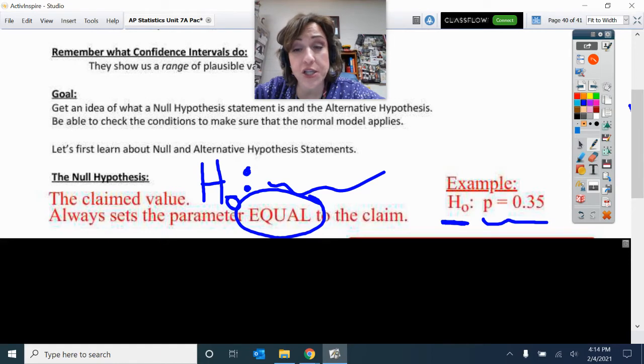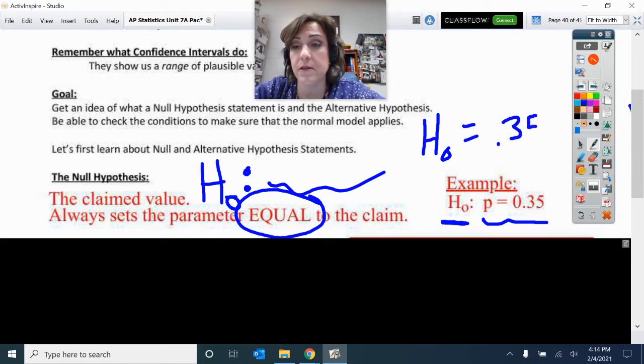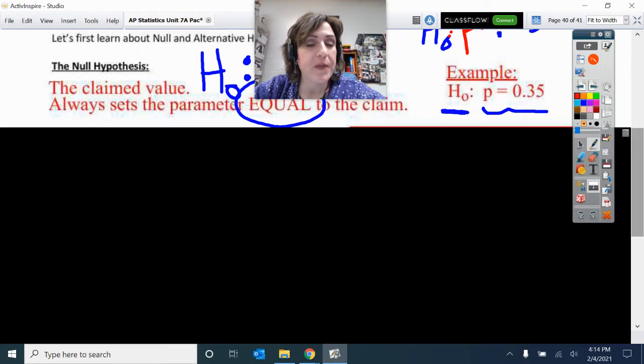One word of caution, sometimes I get people writing H0 equals 0.35. What's missing there? Here's my null hypothesis announcement, here's my colon, and then defining the parameter, p equals 0.35. So watch out for that.